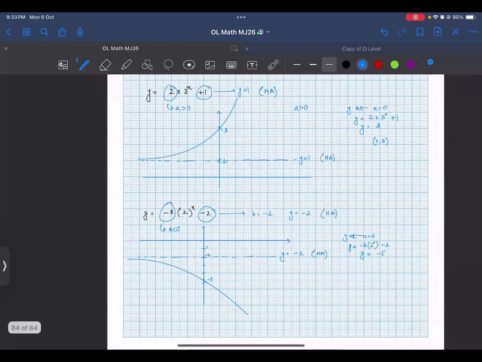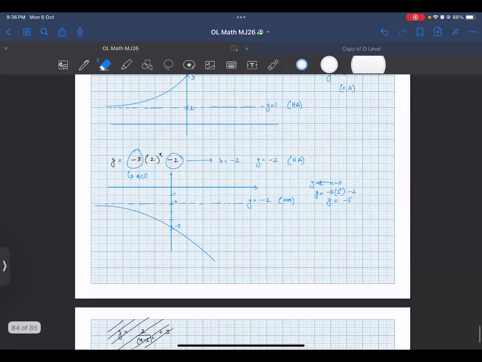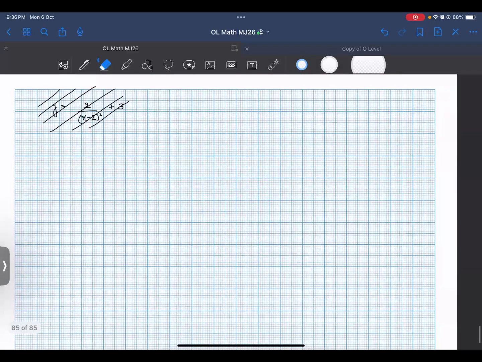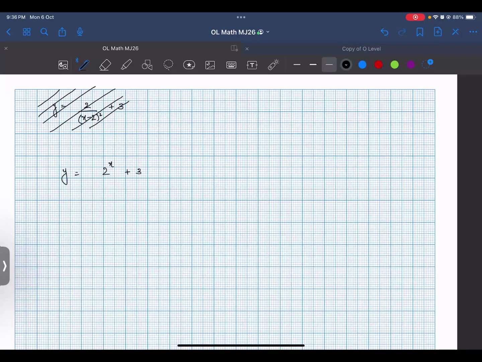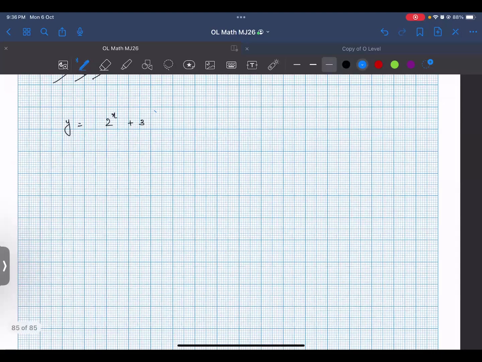Any questions, anyone? Okay. Let's do one more and then we will end this topic as well. Let's suppose you have y is equal to 2 power x plus 3. Anything that is being added becomes your horizontal asymptote.